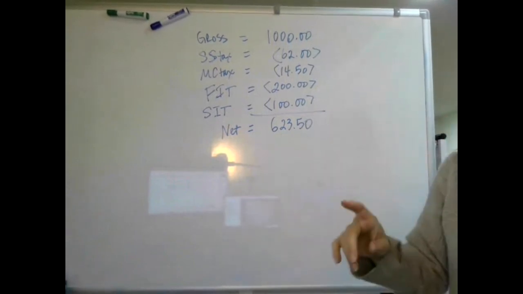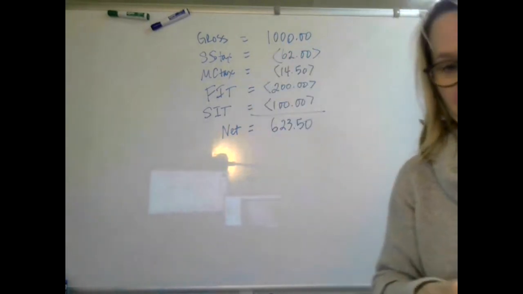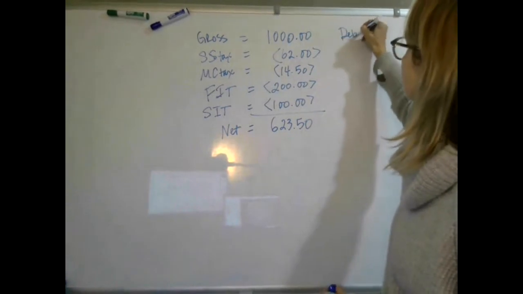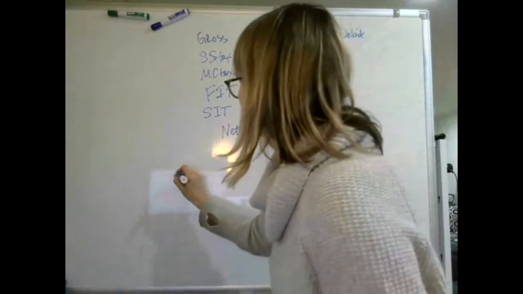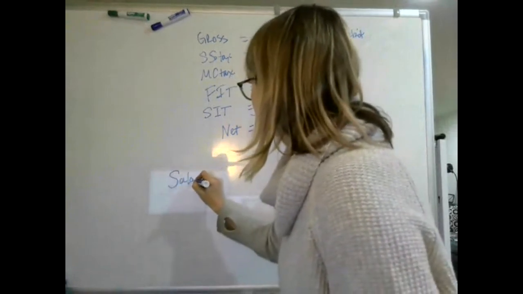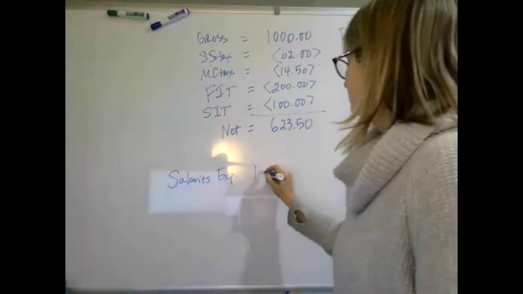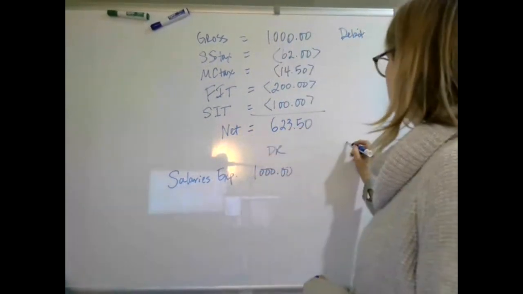So if we think back to what we just talked about, the debit portion of our entry is going to be this gross pay, which is our salaries expense. Here's our debits and our credits.